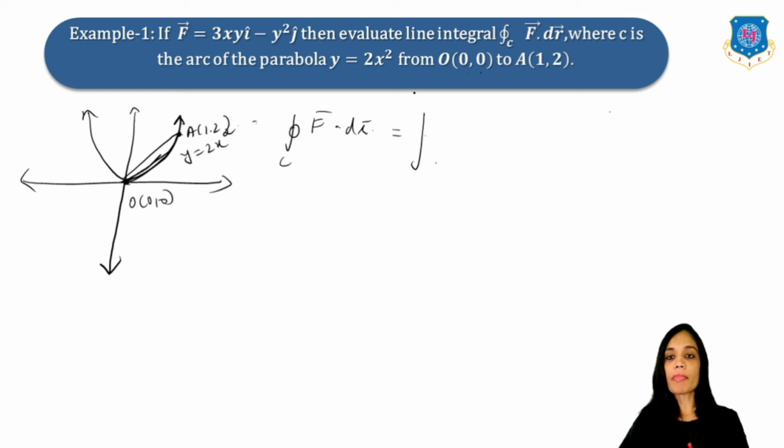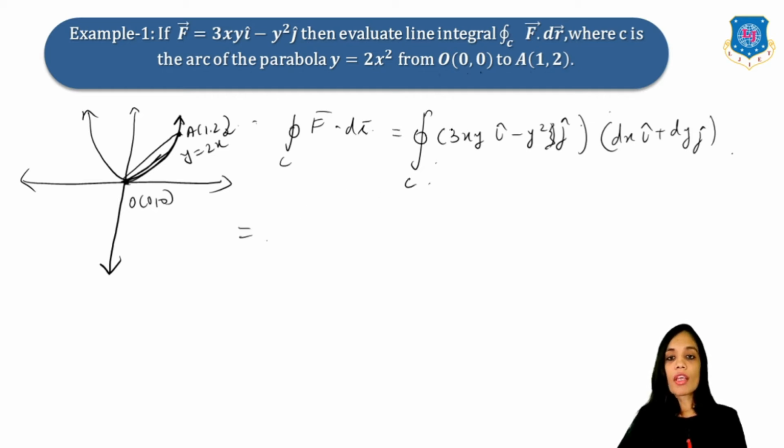Now our f bar is 3xy i cap minus y square j cap, right? And our dr bar is dx i cap plus dy j cap, and this is over C. Now our y is 2x square, so dy will be 4x dx. Let us put these two values in this.